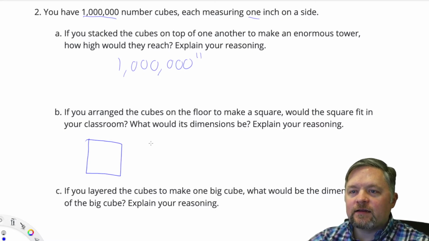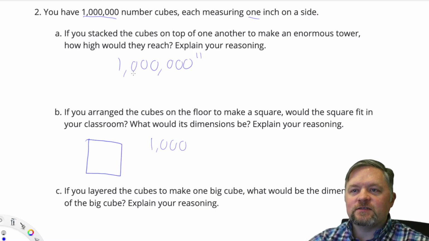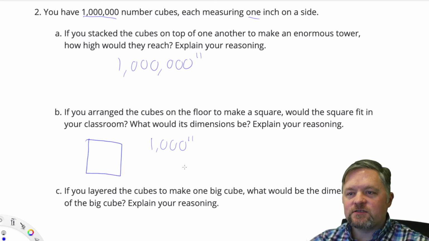I kind of think that's 1,000. 1,000 thousands is 1 million. So the sides would be 1,000 inches. I think 1,000 inches is probably bigger than the classroom.